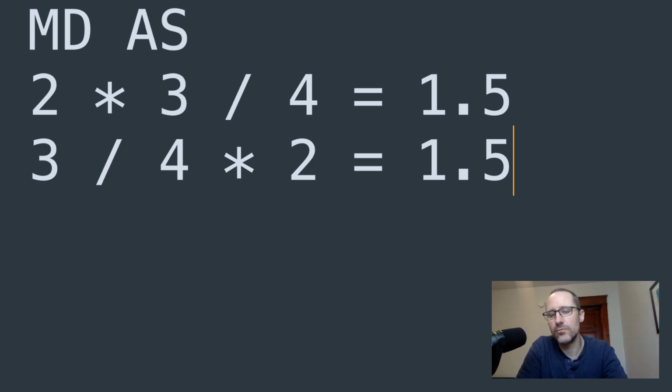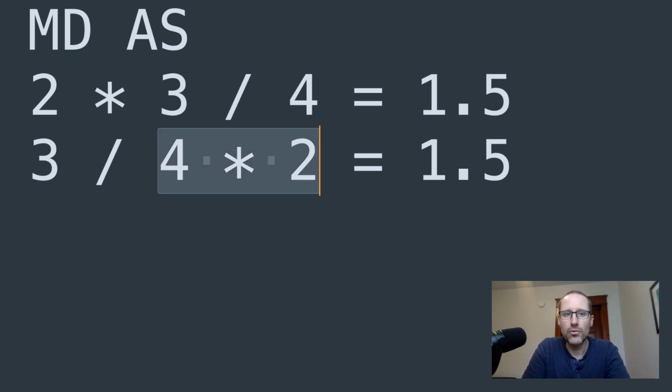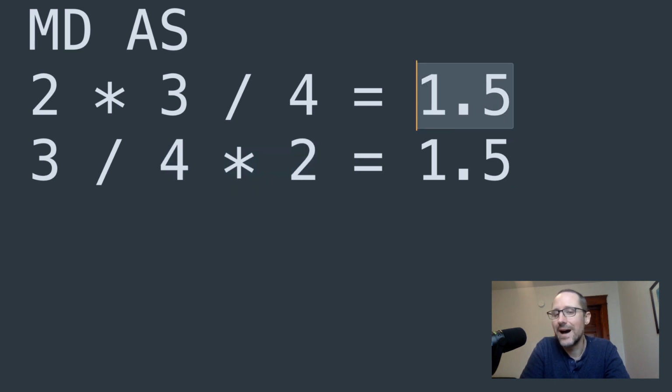And here's what my friend was not understanding. They were trying to reorganize and say, here's the order of operations, but multiplication comes first, then division. So they're saying, okay, 4 times 2 is 8, and then 3 divided by 8 should also be 1.5, but it's not. 3 doesn't even go into 8 once, let alone 1.5 times.